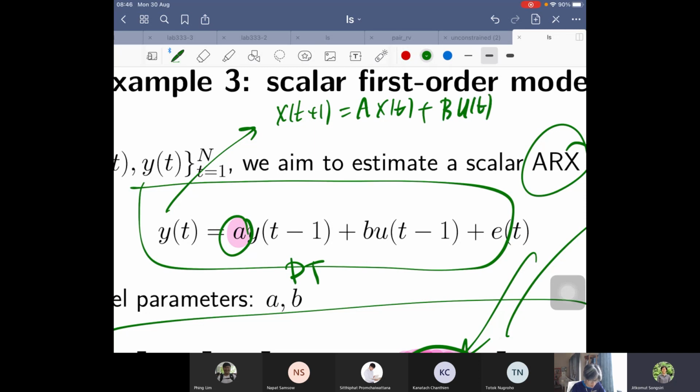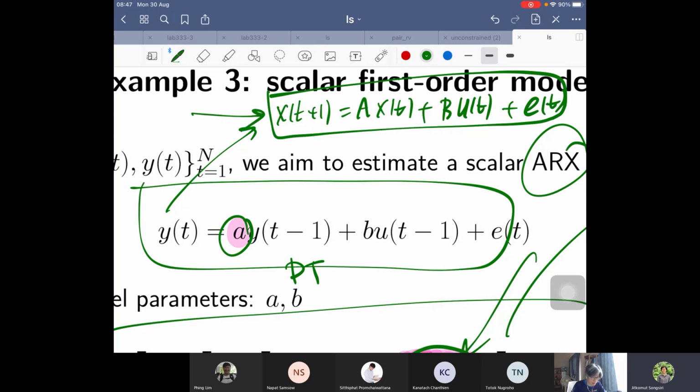It actually fits into this form. What condition on the system parameters A and B makes this linear stochastic model stationary? Does it depend on A or on B? A.